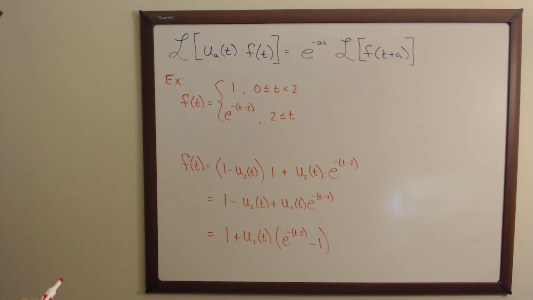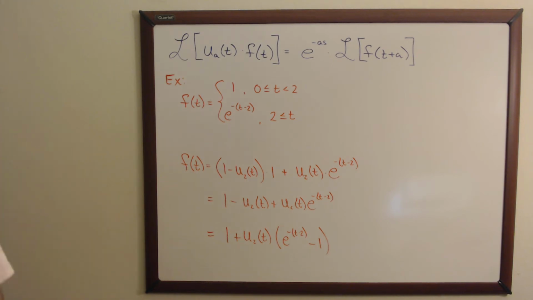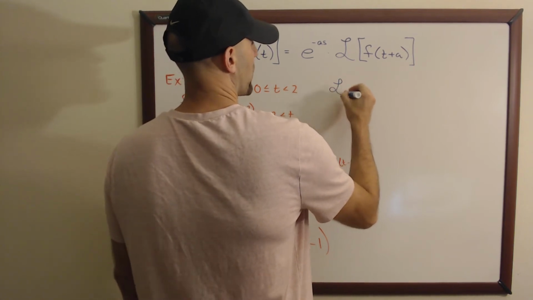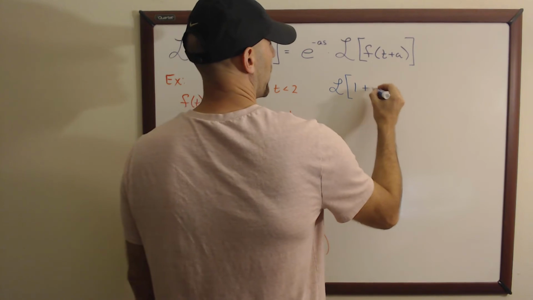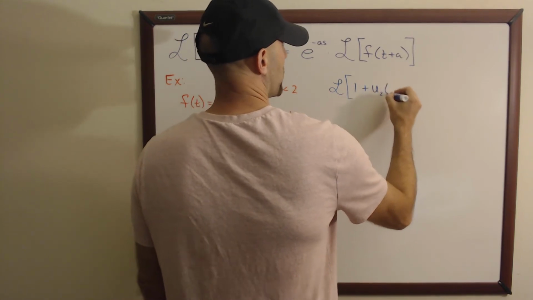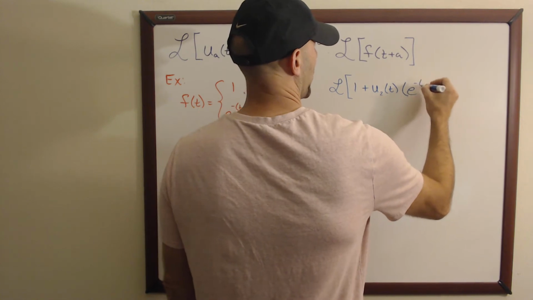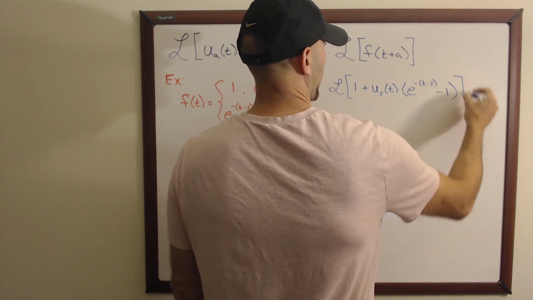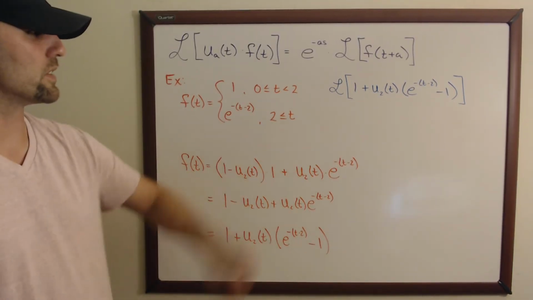What I would like then is to take the Laplace transform of this. So I want the Laplace transform of 1 plus u sub 2 of t times e to the negative t minus 2 minus 1. I'm going to have to erase this in a second to get some more room.